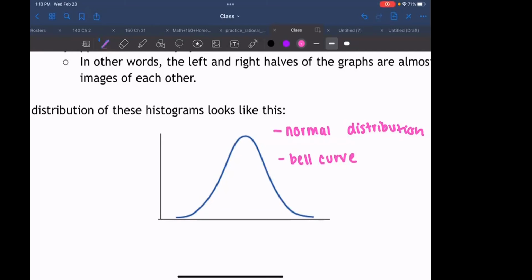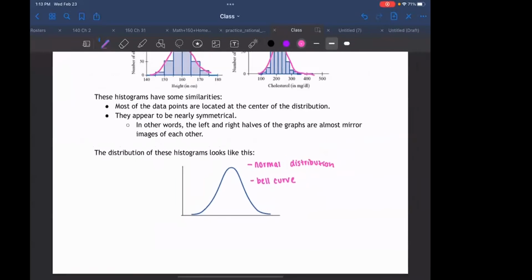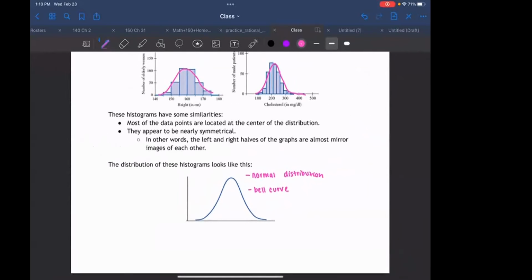This happens so much that statisticians have called it the normal distribution. And they've done a lot of work into figuring out what percent of the population fits in between different sections of the normal curve.